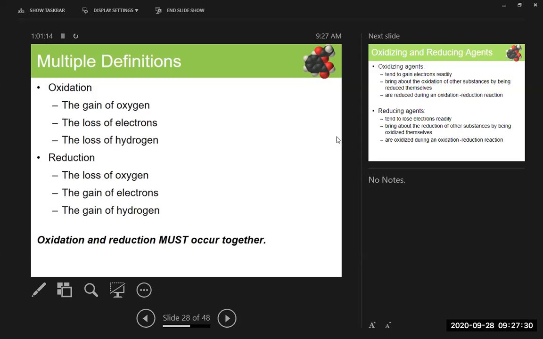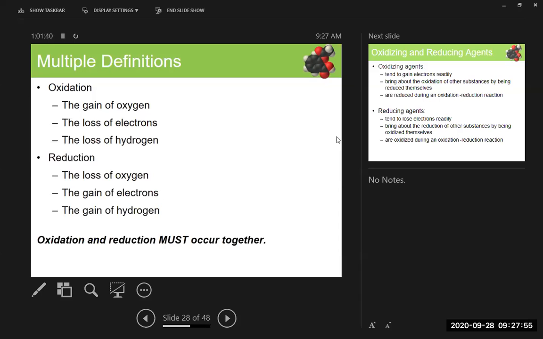Reduction, we mentioned, is the gain of electrons. So if something picks up electrons, we've had a reduction. But also, kind of the opposite of oxidation, if it loses oxygen or gains hydrogen, then that's reduction. So we said before that oxidation and reduction must occur together. You can't have one without the other.